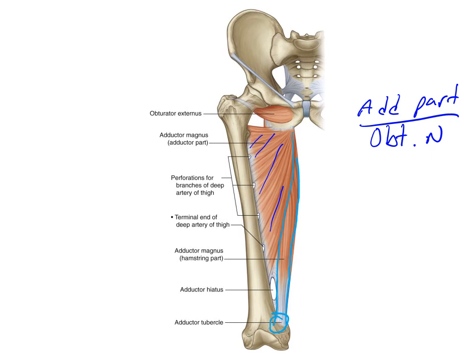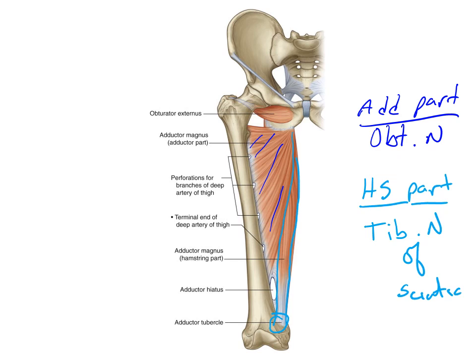This portion of the muscle works with the hamstring muscles to extend the thigh, although it can also behave as an adductor as well. Just like the hamstrings, it receives innervation from the tibial part of the sciatic nerve. So the hamstring part is innervated by the tibial nerve of the sciatic.